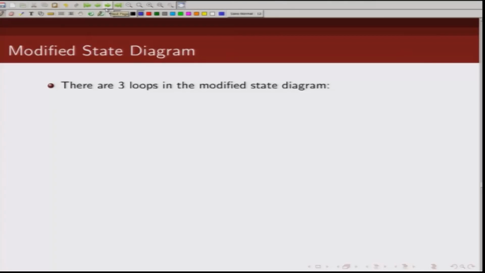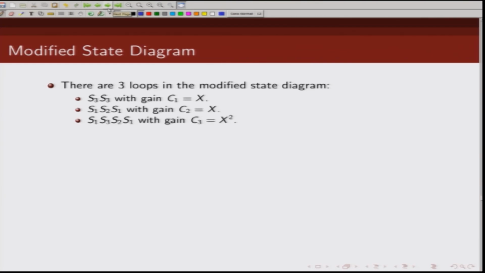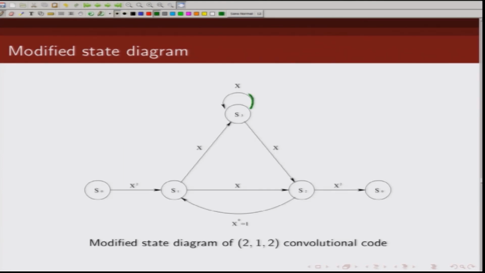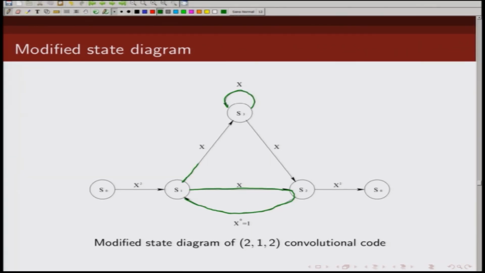So, first we find out what are the loops. So, there are 3 loops in this. One is a self loop around this state S3. You can see there is one loop, right. There is another loop, right, and then there is another loop.